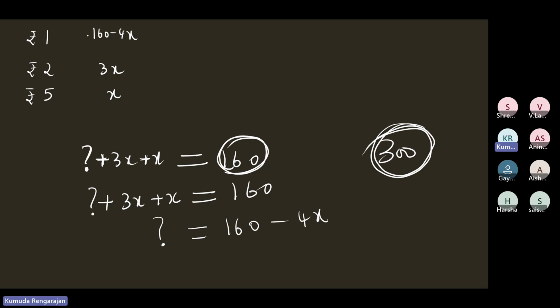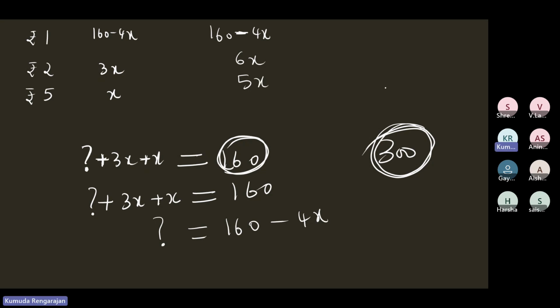So we have 160 minus 4x one rupee coins. The value of money will be the product, which is 160 minus 4x itself. You have 3x two rupee coins, so the value will be the product 6x. And you have x five rupee coins, so the value is the product 5x.